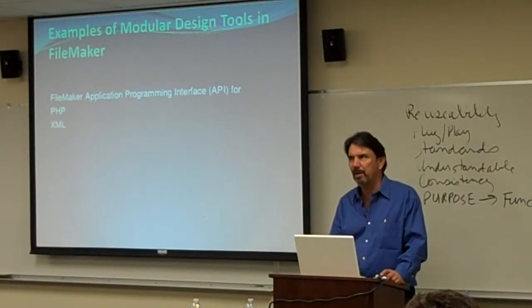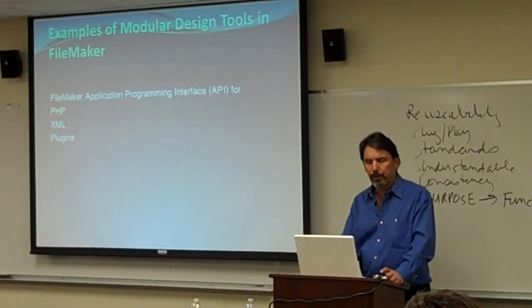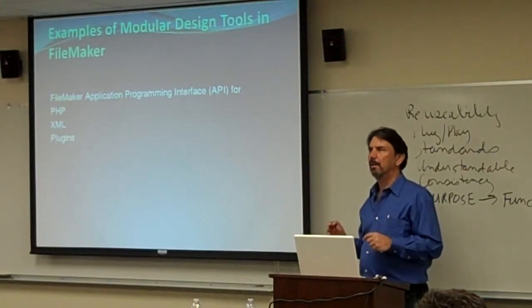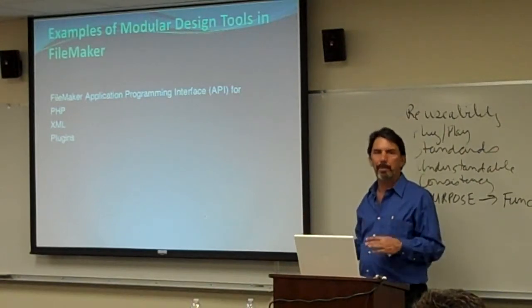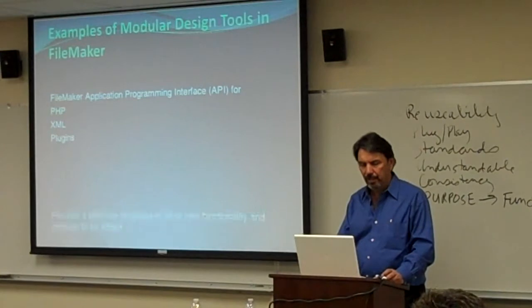So you have the PHP, you have the XML, and like earlier, was it Alexi talking about the plugins? Those APIs enable you to then add modules to your FileMaker solutions. Does that make sense? Those are tools.